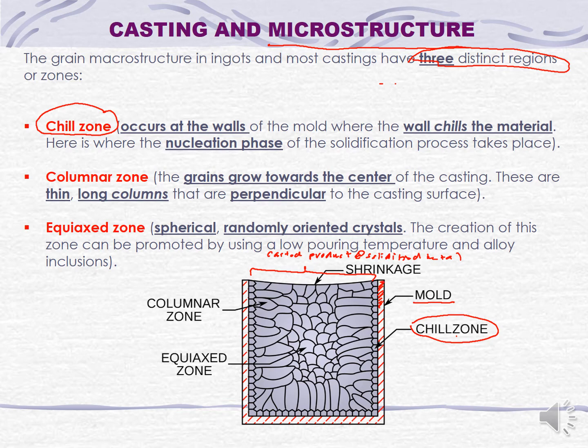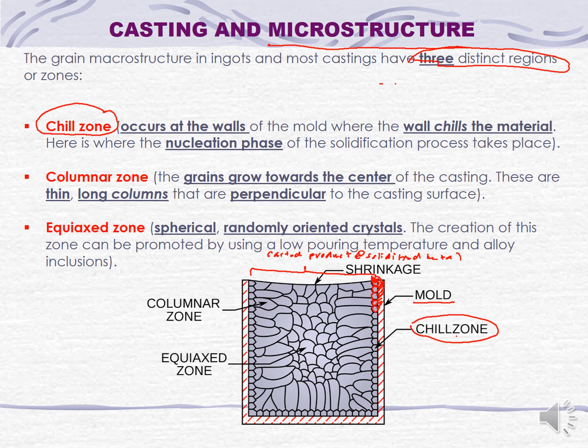This wall will first chill the metal just next to it, meaning that here is the start of the nucleation of grains.